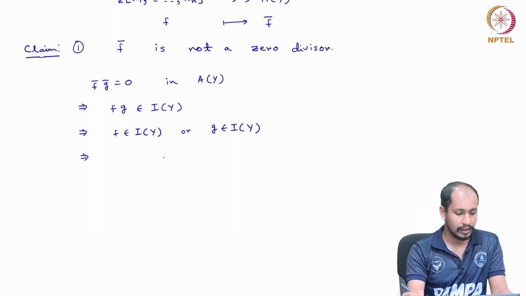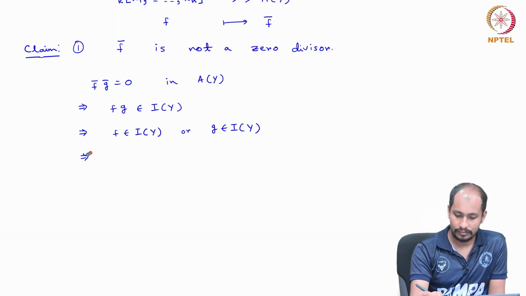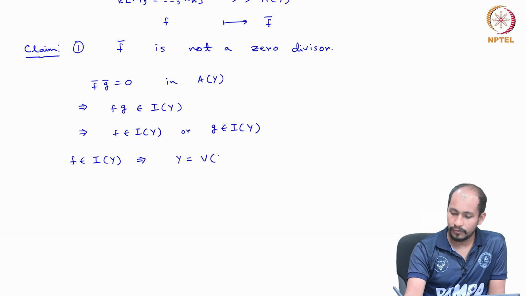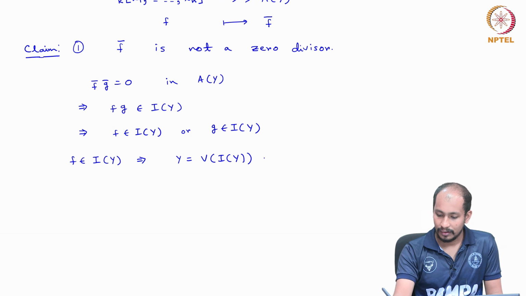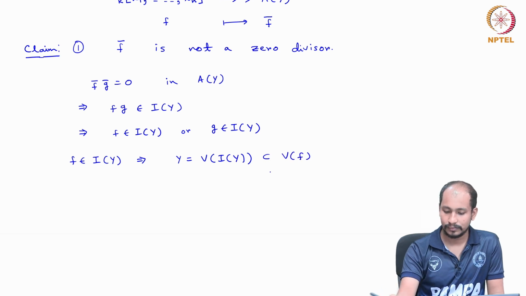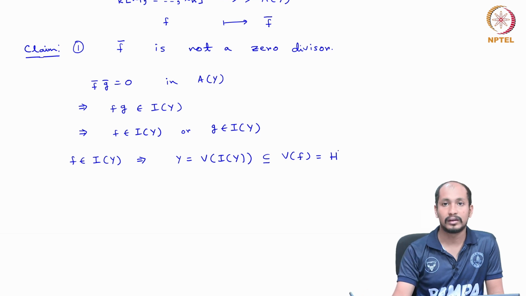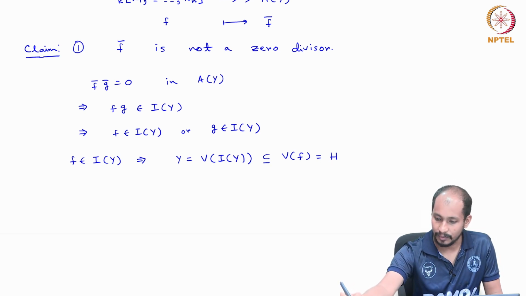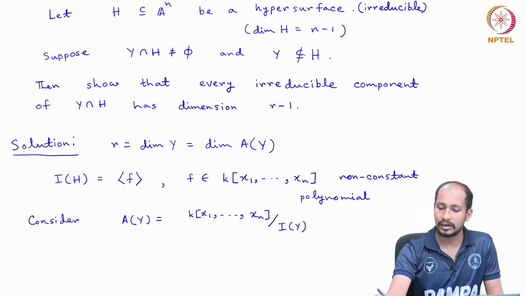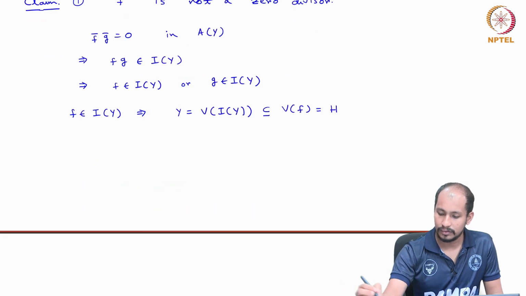Now say F belongs to I(Y). This will imply that Y, which equals V(I(Y)), will be inside V(F), right, and V(F) is nothing but H. So F belongs to I(Y) implies that Y is inside H, but by our hypothesis we assumed that Y is not contained in H. So this is a contradiction.